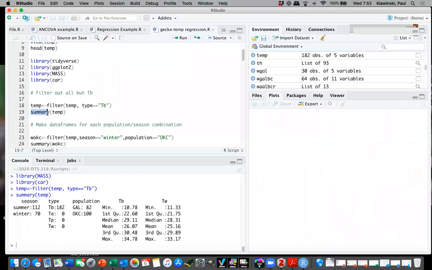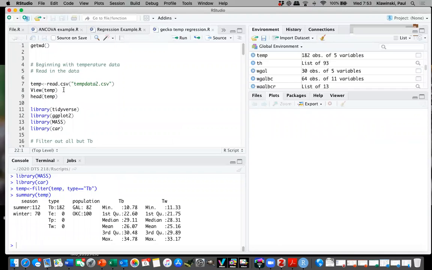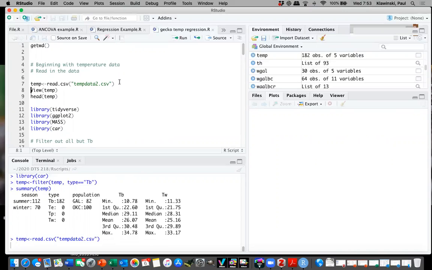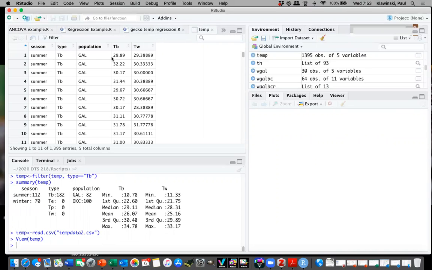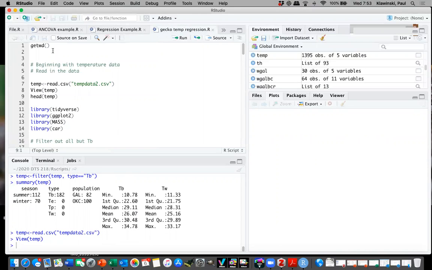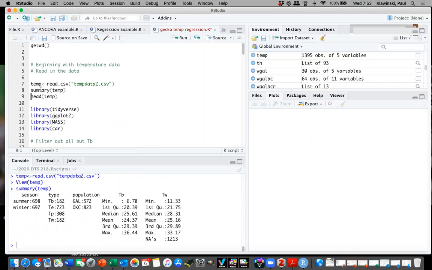I've been using summary to give me an idea of what's in my data set. When you type summary and put your data frame inside, it tells you what is in your data frame. Rather than scroll through your data set, you could just use summary to get an idea.